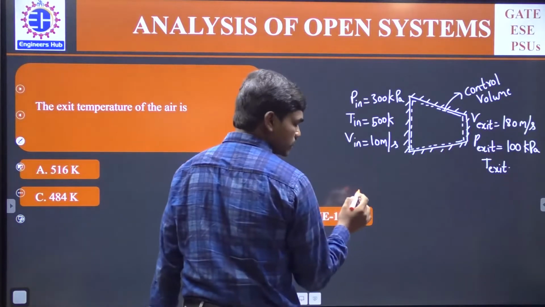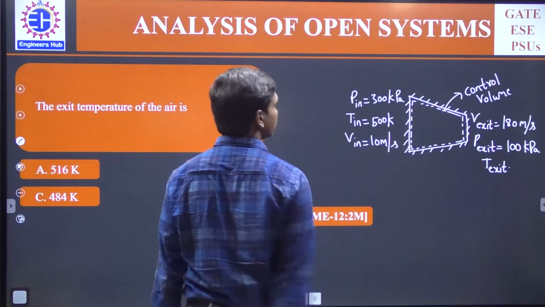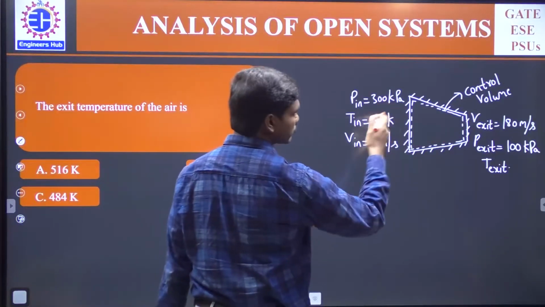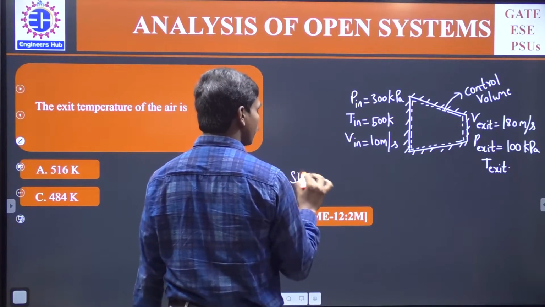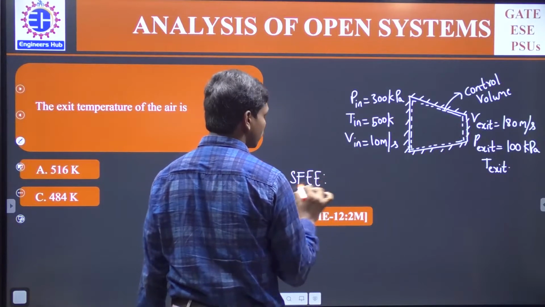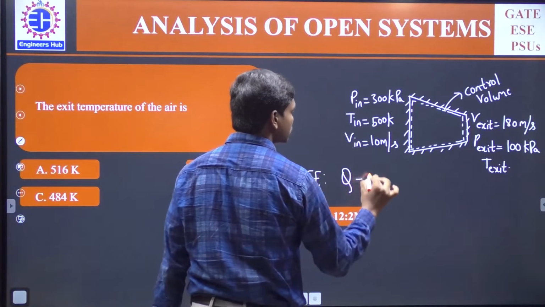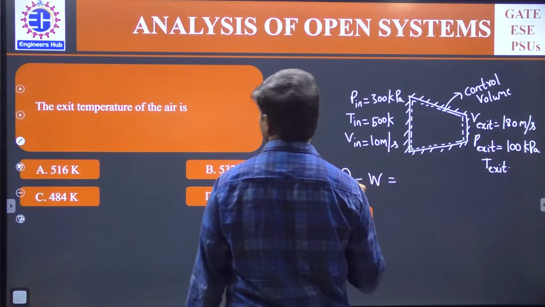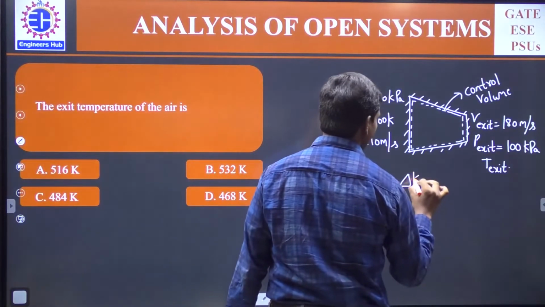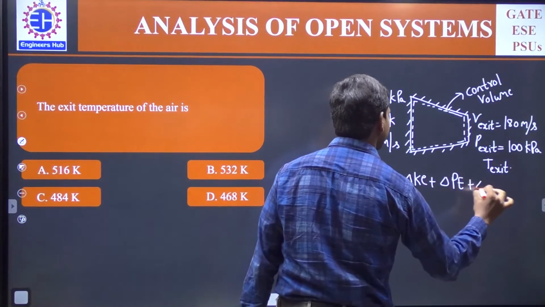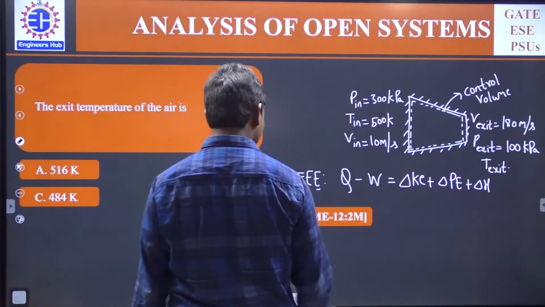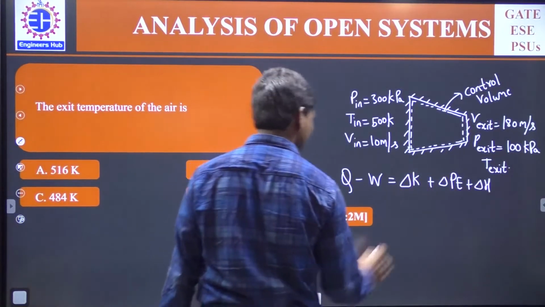So 484, I hope it could be correct, because the temperature will be very much less when compared to this 500. So if you apply the steady flow energy equation, Q minus W is equal to delta KE plus delta PE plus delta H.